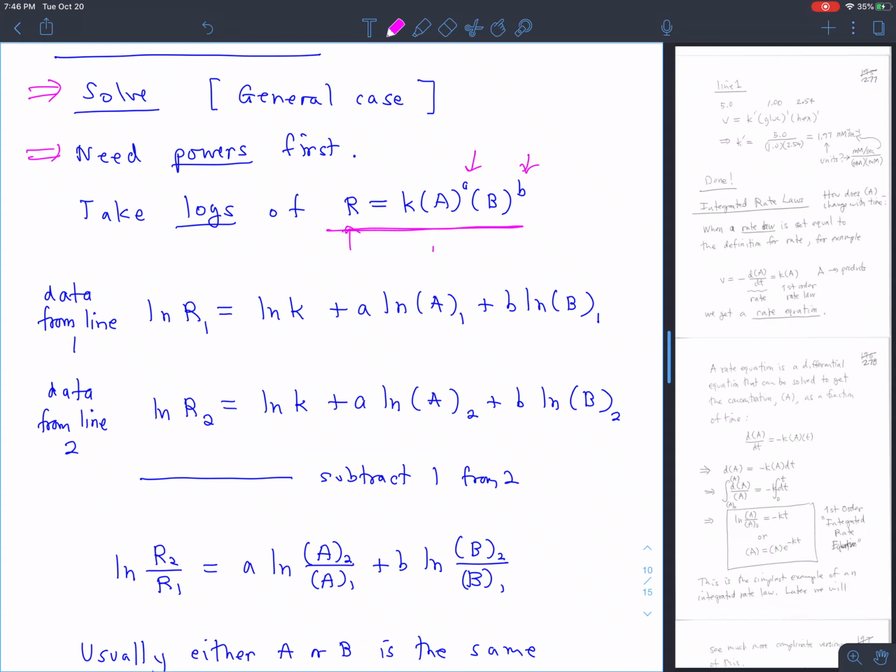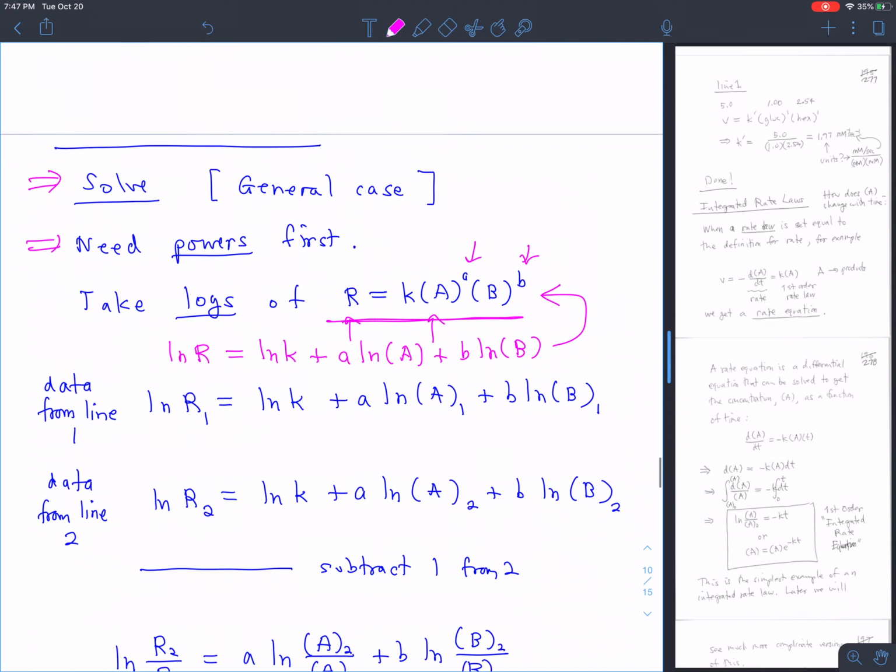So we take the logs of both sides of this, and if we use the properties of logs, then we find that the logarithm of r, and we're using natural logs, but if we were using log base 10, we'd get the same results, so natural log of r is equal to the natural log of k plus a times the natural log of [A] plus b times the natural log of [B]. That's just taking the log on both sides.